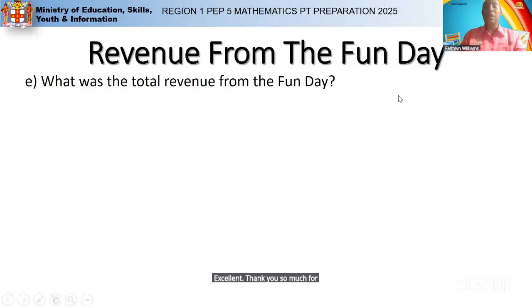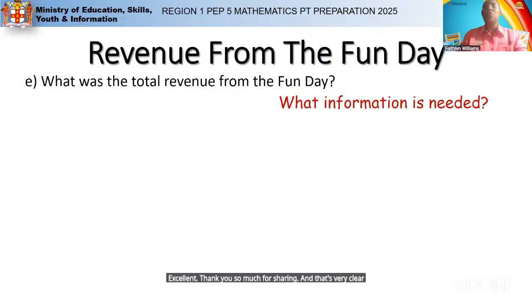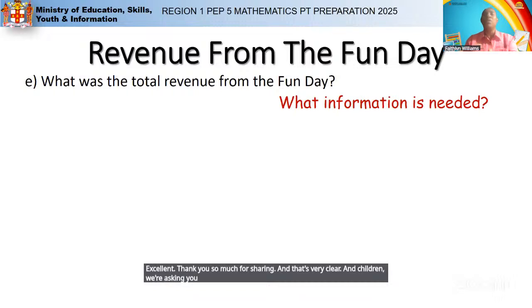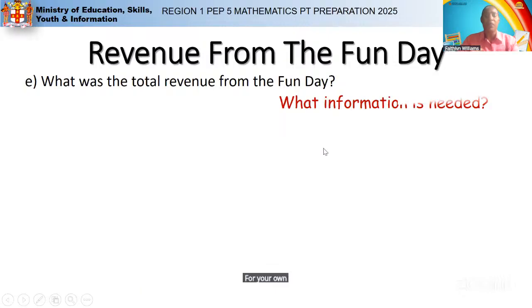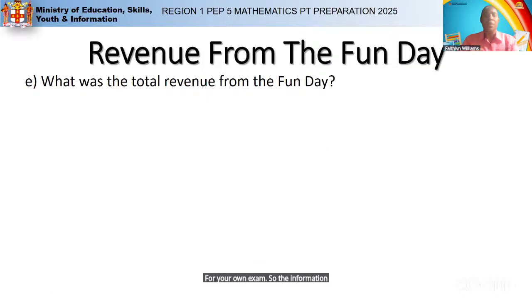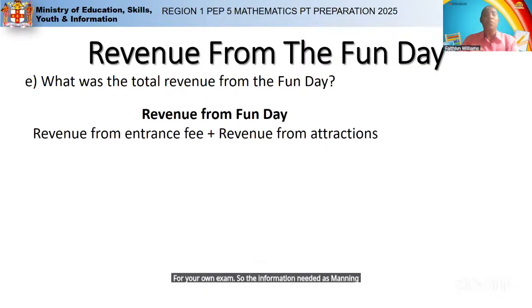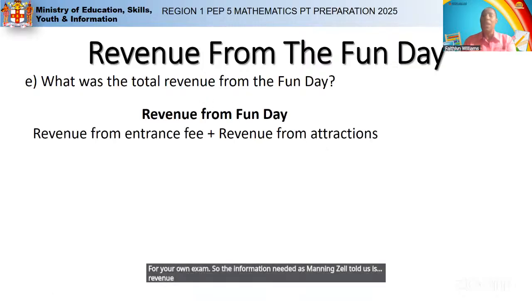And that's very clear. And children, we're asking you to do this because we want you to be very clear when you're writing your answer for any question, whether it's for an external exam or even in your own school exam. So the information needed, as Mannings Hill told us, is the revenue from the entrance fee and the revenue from the attractions.